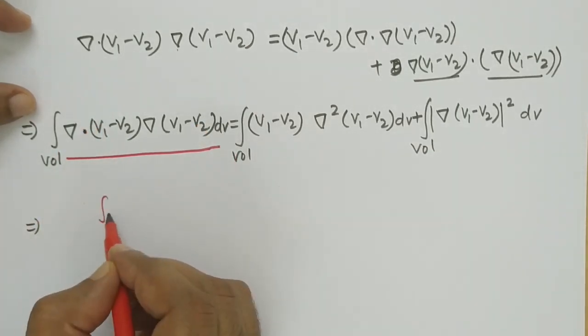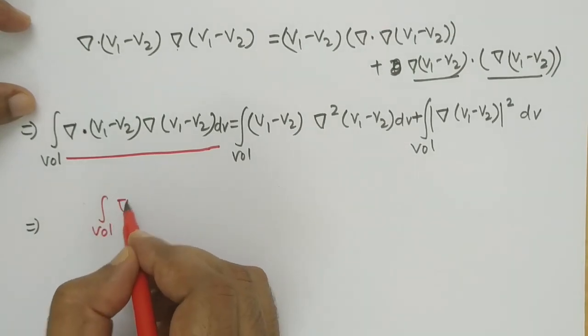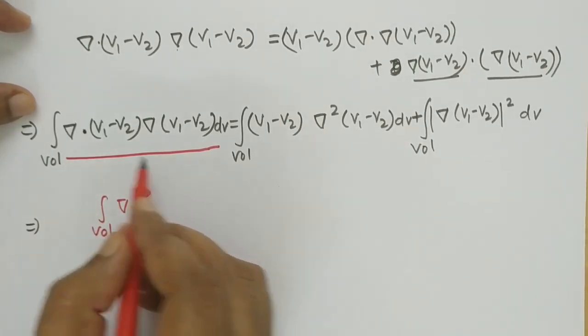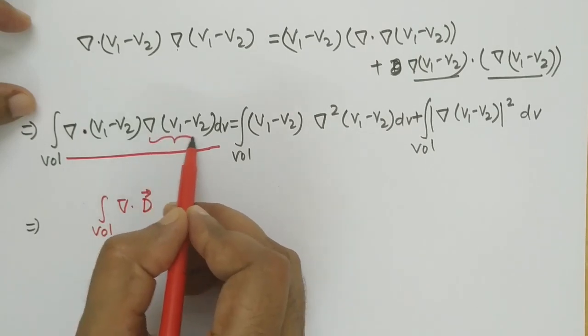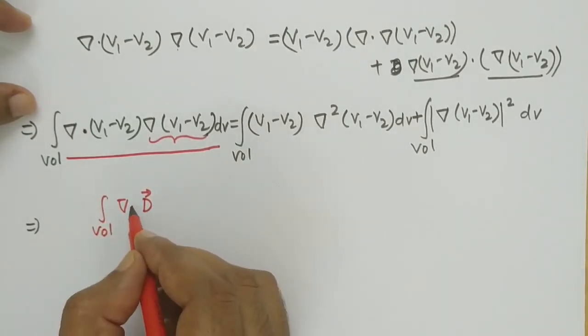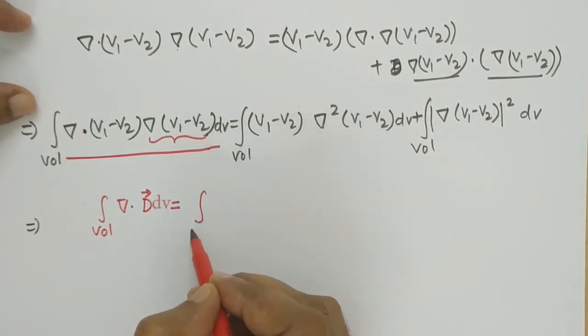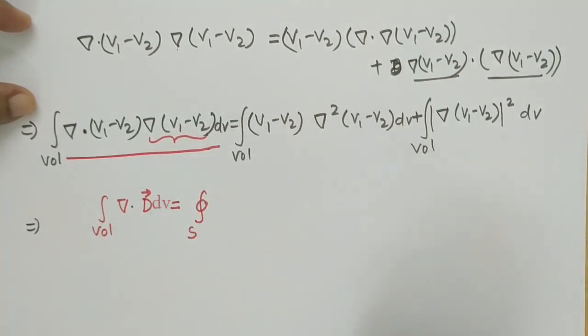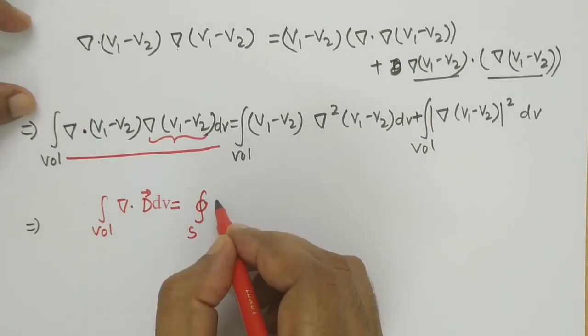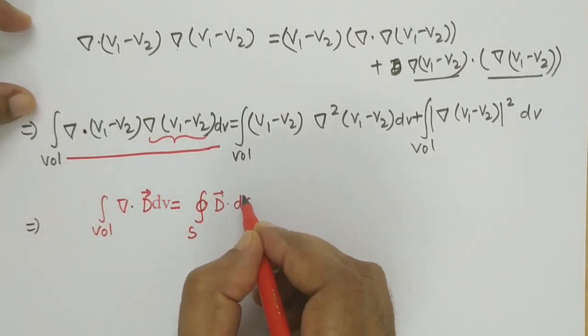We know that volume integration of divergence of any vector, here the vector is this, is equal to surface integration, that means closed surface integration of D dot ds.